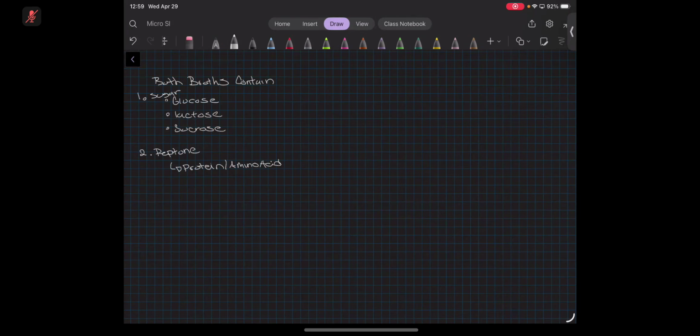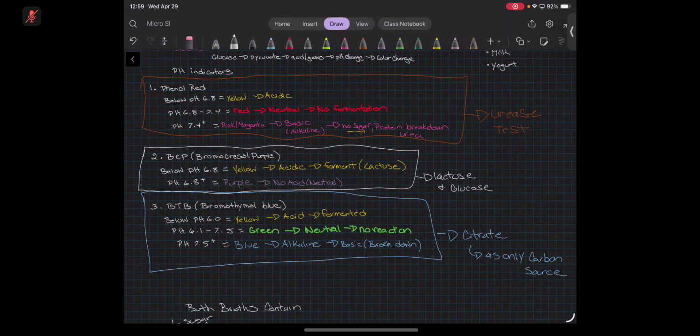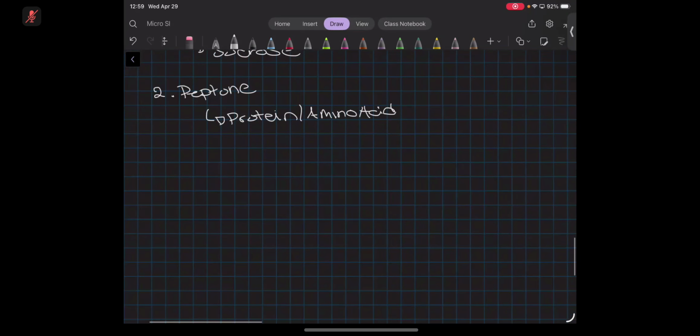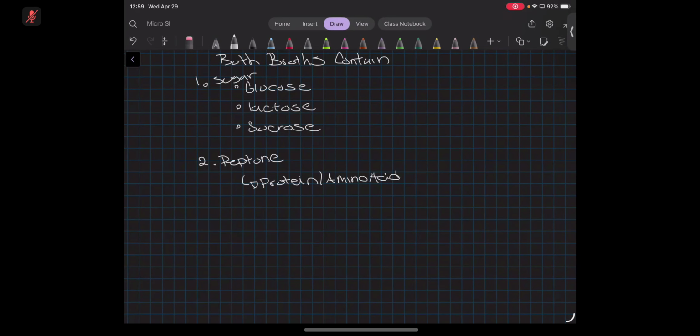So if the bacteria does not break down the sugar, they may use the peptone instead. The BCP broths. Just the BCP? Yeah, only BCP. There's glucose and lactose.